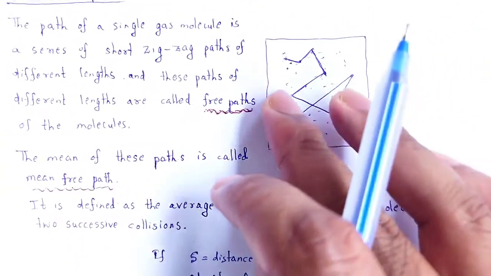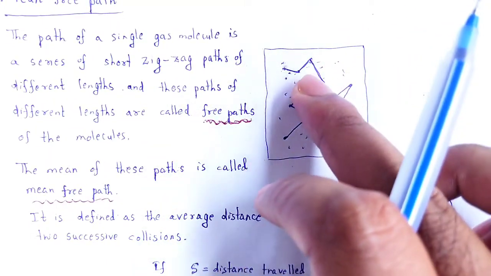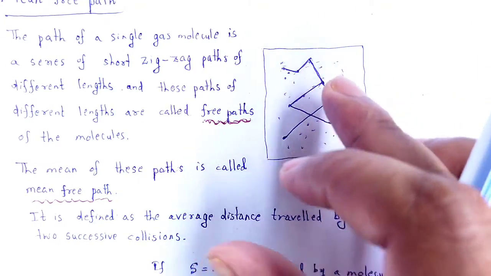There is a container where the gas molecules move randomly with various velocities in various directions.